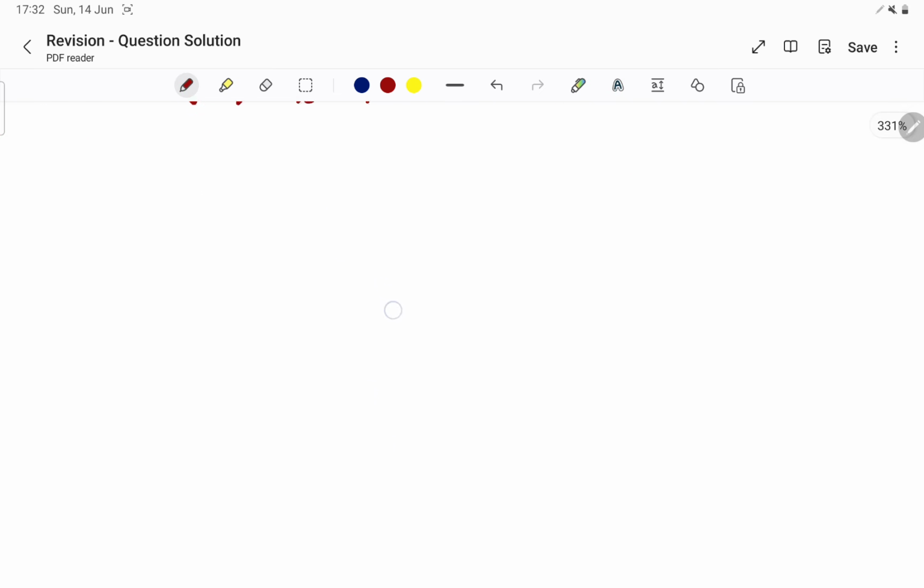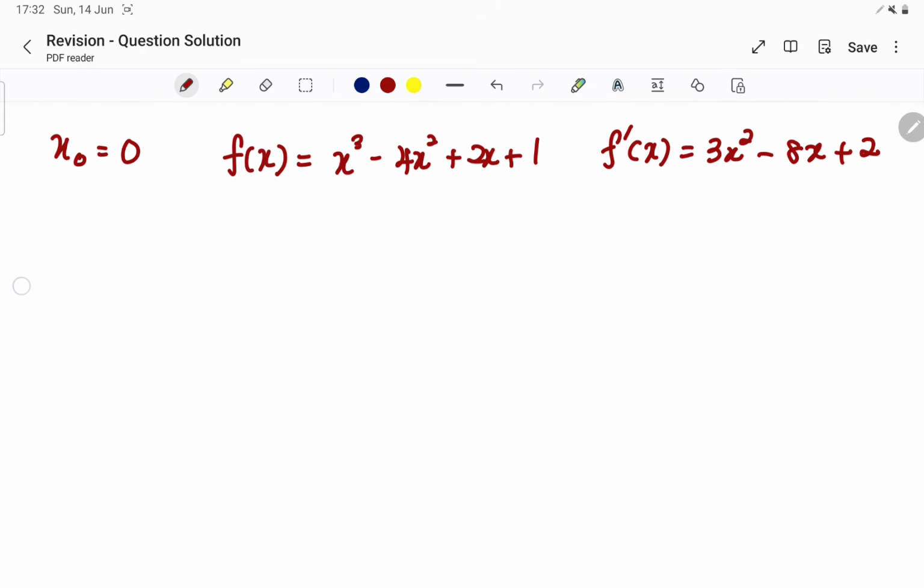Now, because we already have x0 equal to 0, I will proceed to x1, which is x0 minus f(x0) divided by f prime of x0. x0 is 0.